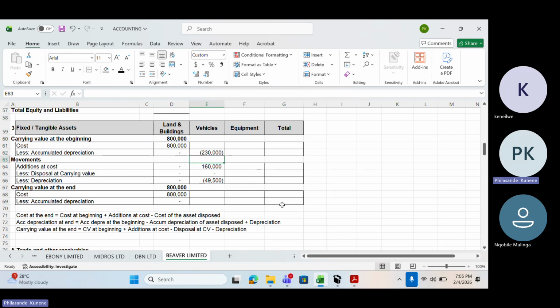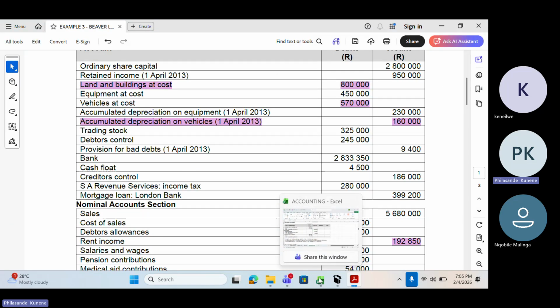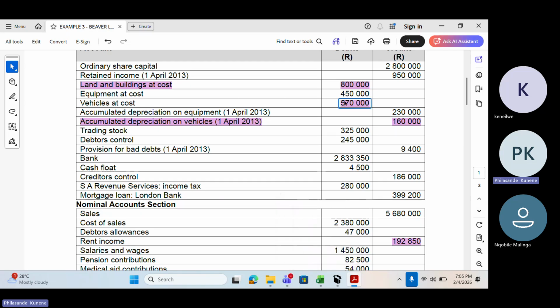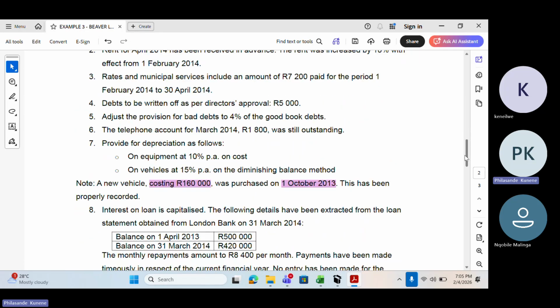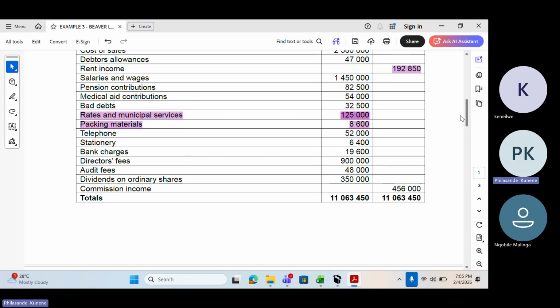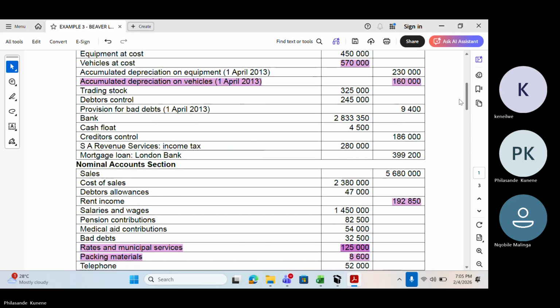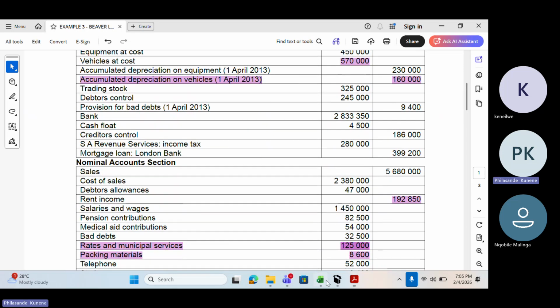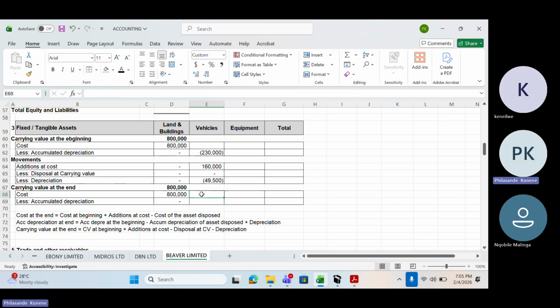And then what about the cost? The cost price that we have here is 570,000. But you must remember that a new vehicle was already added here because that's what they told us, that it has already been recorded properly. So that 570,000 is the cost price at the end.